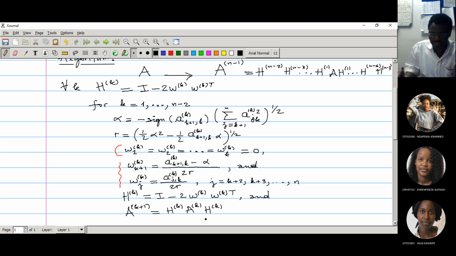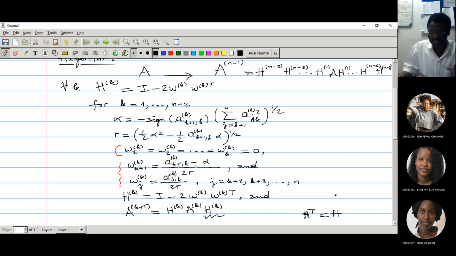Don't forget that this one is actually the transpose, but the transpose is the same as H transpose is H. So that's why we don't put the transpose here anymore.